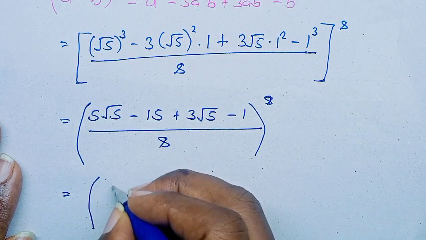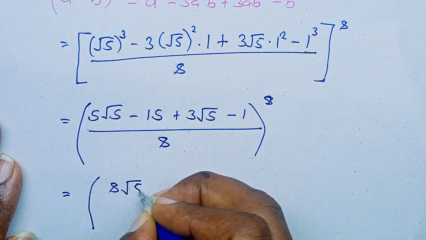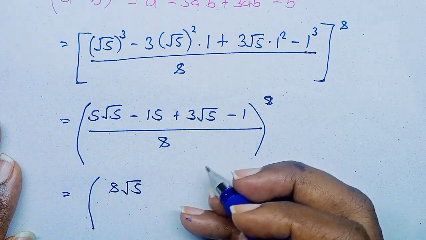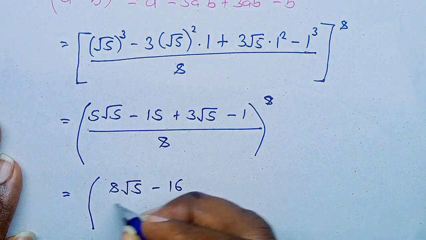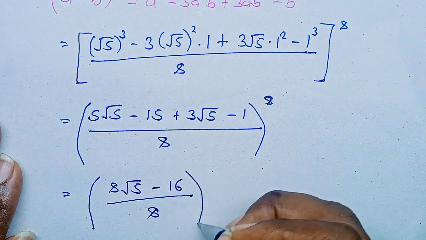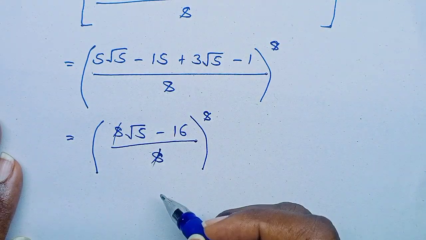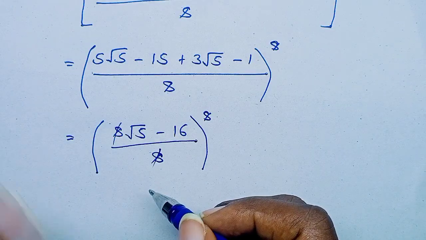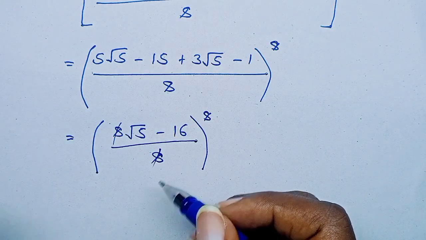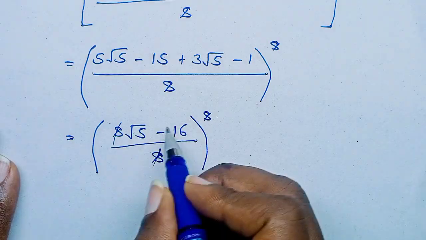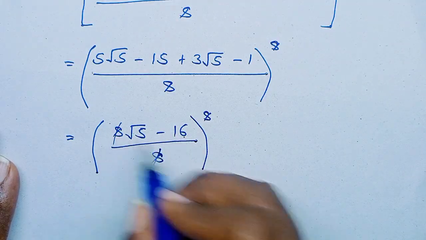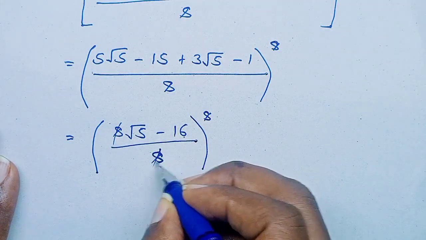5 plus 3 is 8, so 8 root 5 minus 15 minus 1 is minus 16 over 8 to power 8. So this 8 cancels with this. No. Before it cancels, because this is 16, I have to factor the 8 out. So this is still 8.